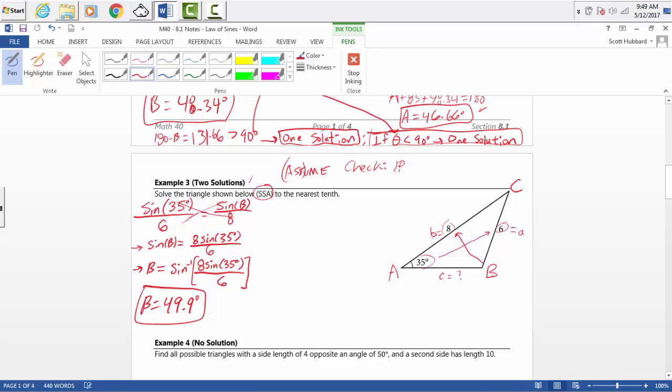You do 180, take away your answer, 49.9, and that's going to be equal to 130.1. Okay, so this is 130.1.